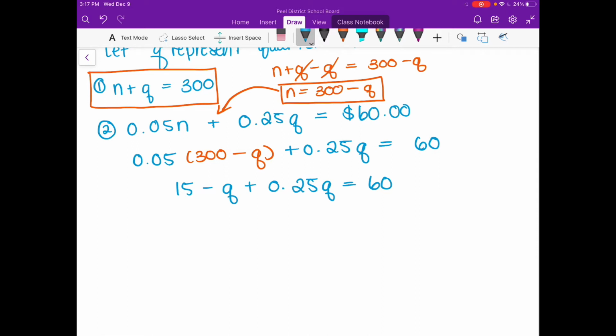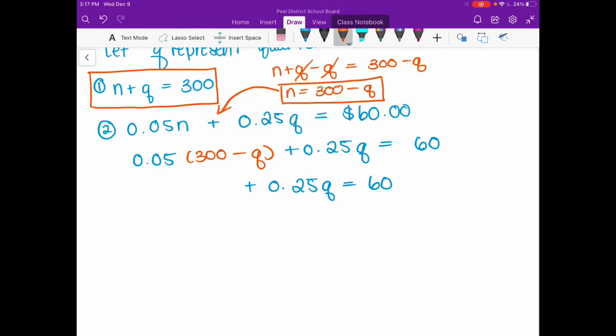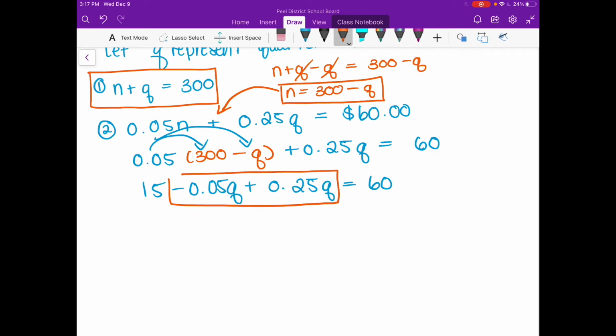Right? Now what I can do is I can start collecting my like terms. Oh, sorry, I forgot to distribute this in. So I had 0.05 times 300, which is 15, minus 0.05q. Right? So now I can just start collecting my like terms. So I have this minus 0.05q and this positive 0.25q.